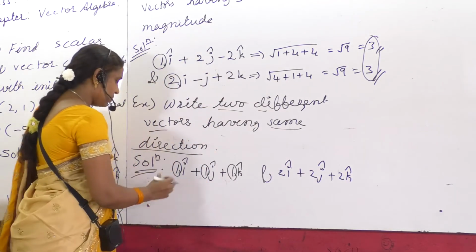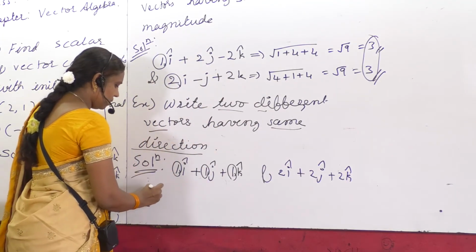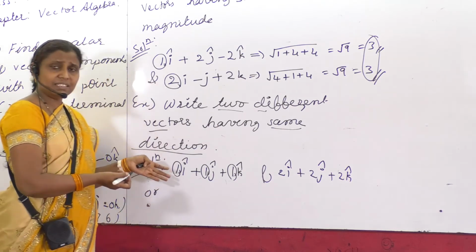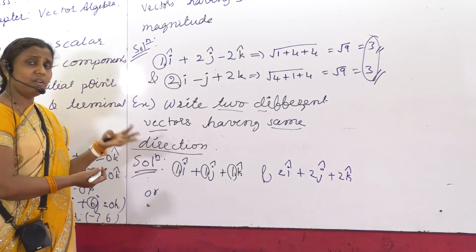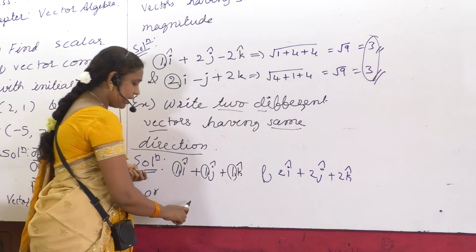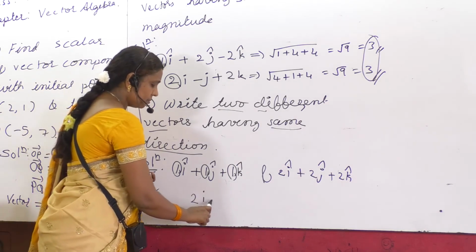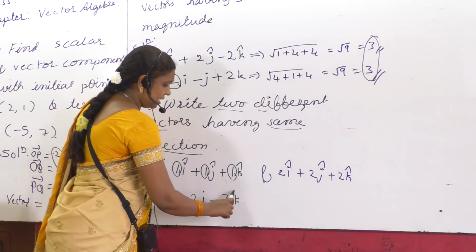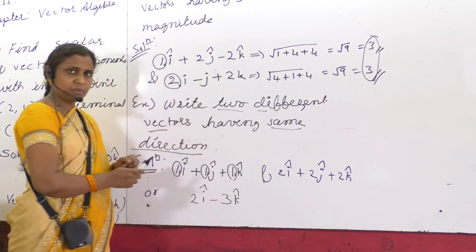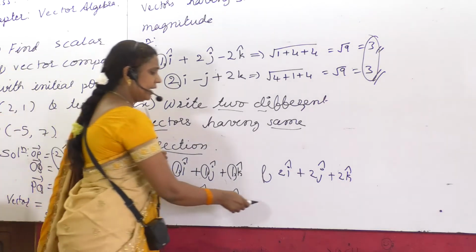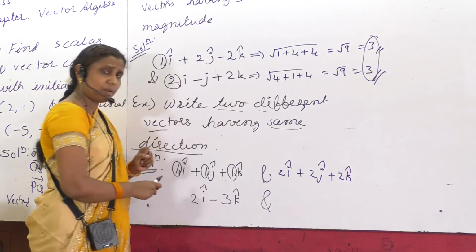Okay. Or you can go for not only this; I told you that you will be getting an infinite number of solutions. If I take 2i minus 3k, suppose this is one of the vectors, how are we going to form a pair?